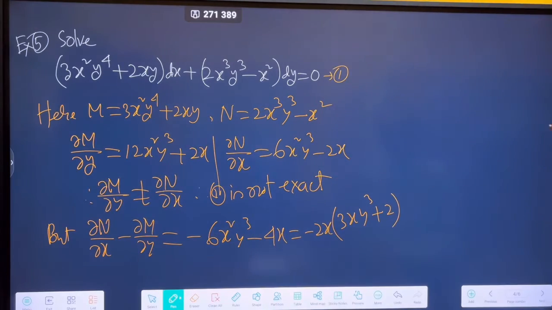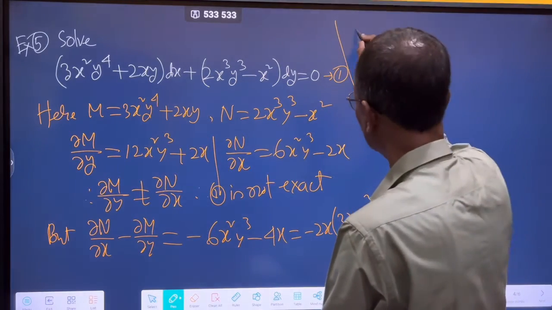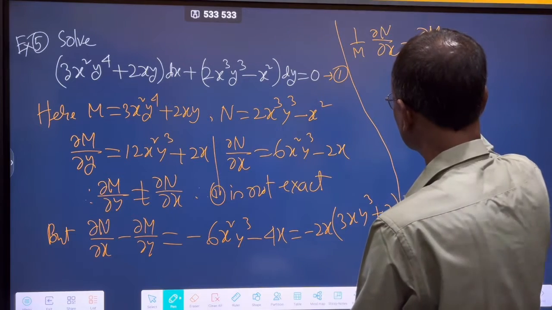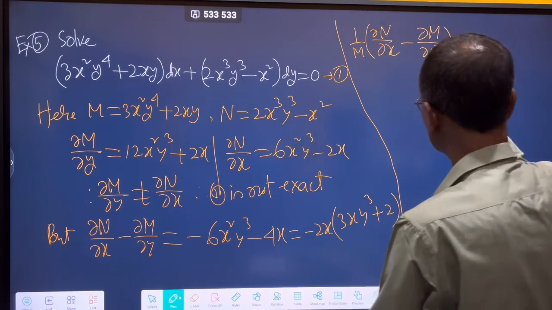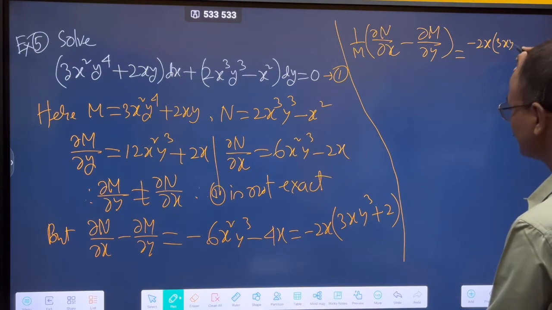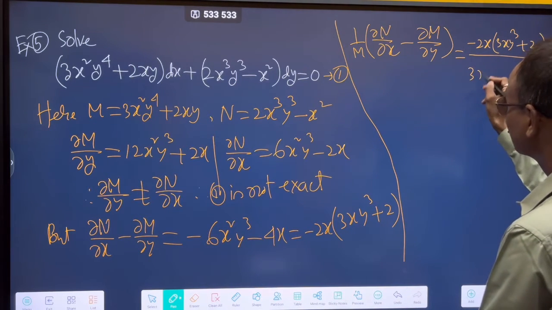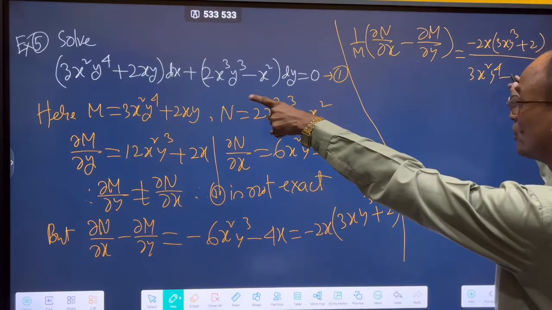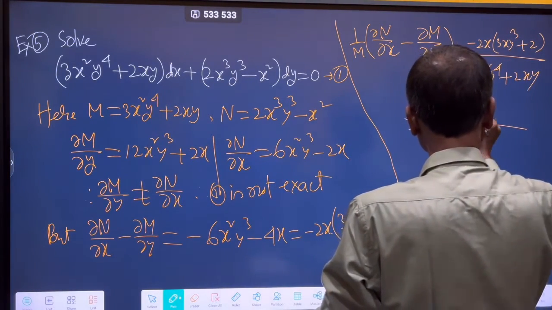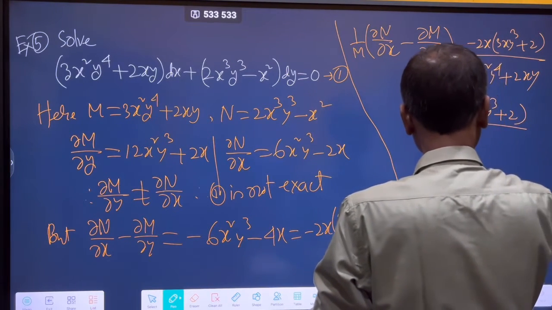Now 1 by M into del N by del x minus del M by del y is equal to minus twice x, thrice x y cube plus 2 divided by thrice x square y to the power 4 plus twice xy.